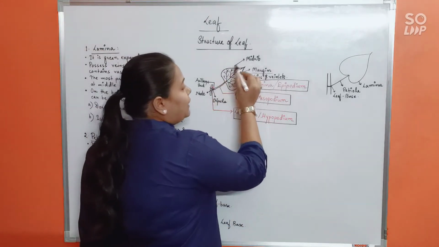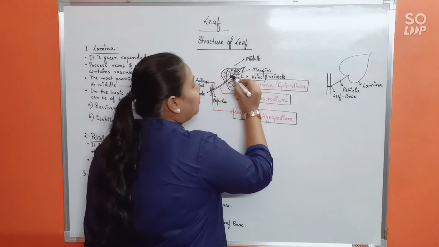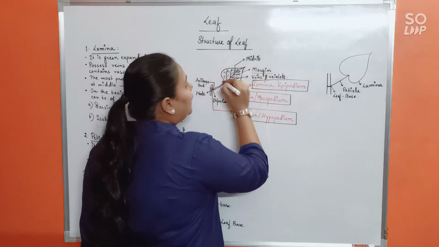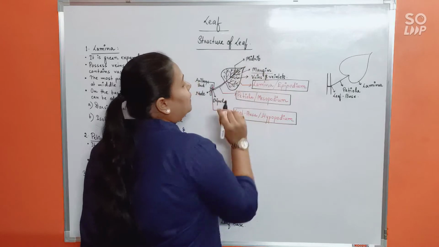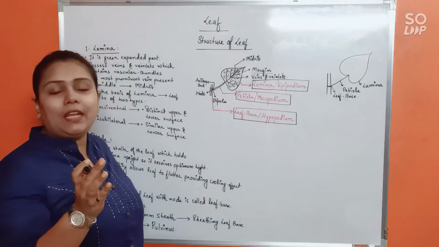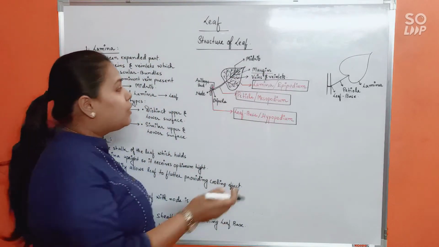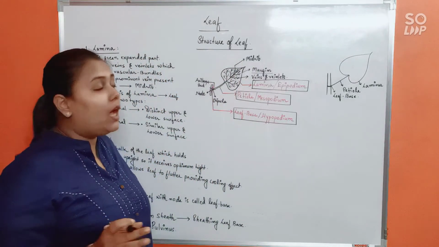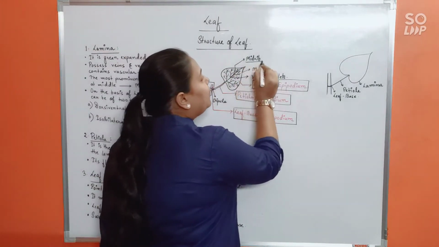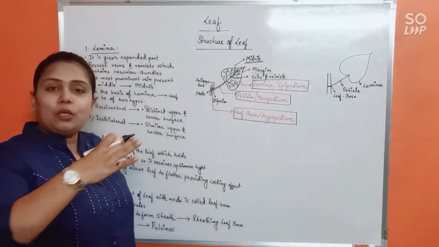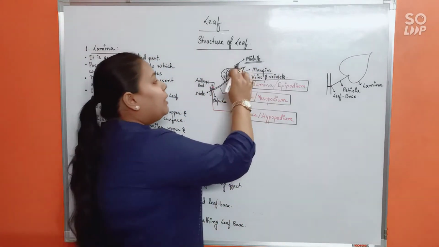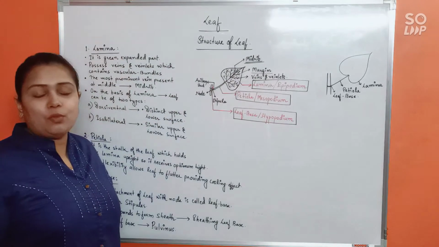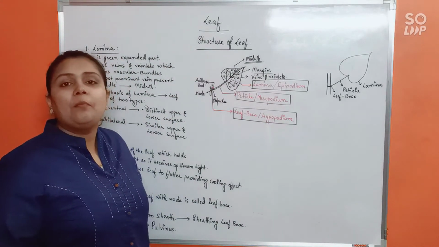In all the veins and veinlets, there is one most prominent vein that is running from the middle, isn't it? As if it is dividing the lamina into two equal halves. This vein that is running in the middle is the most prominent and we call it the midrib. So the outline is the margin and in between, the vein that is most prominent is called the midrib.